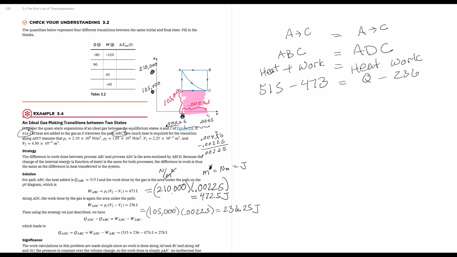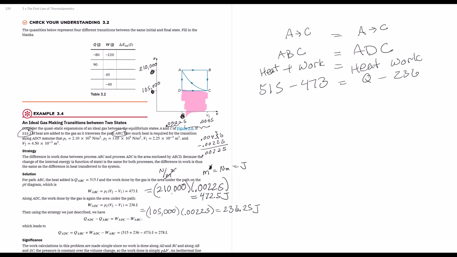Remember, whenever you're doing the work for ABC, it's not just the area of the square, it's the area entirely under the curve, all the way down to the axis. That should make sense because for the ADC part, it's just this area down here.